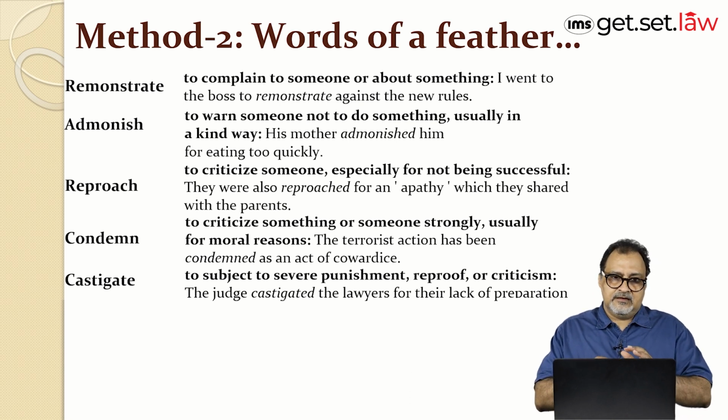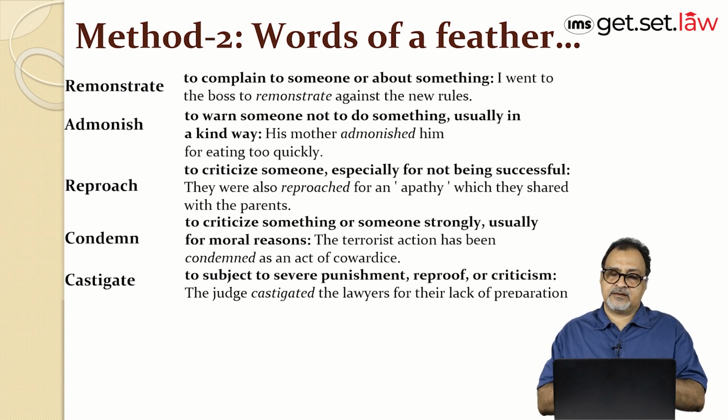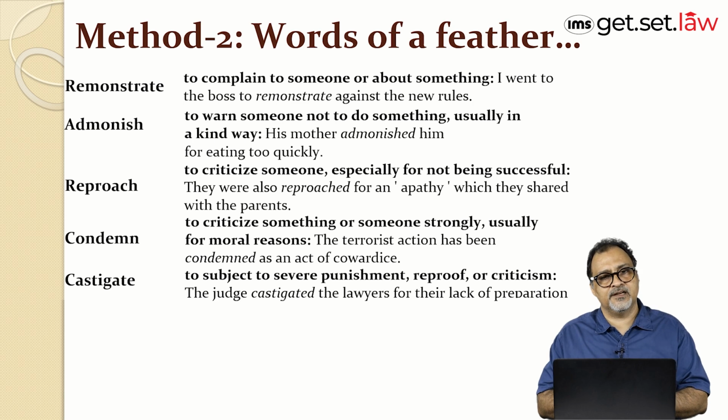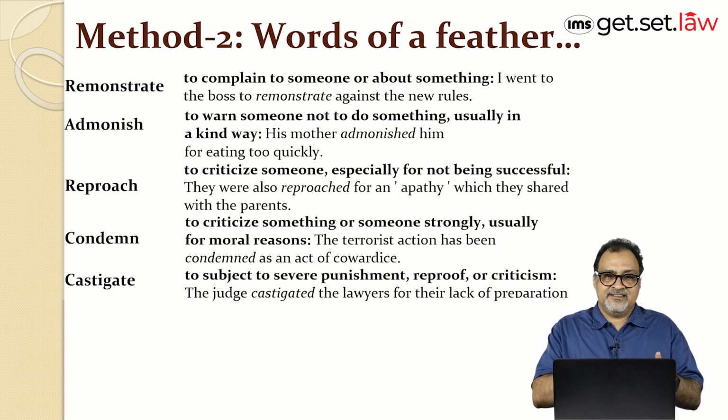Again, what I want to show you is that I have these words. So I remonstrated with my friend when he paid the bill and did not allow me to share it. I admonished my younger brother when he tried to pay the bill. Okay. I condemned my friend for not contributing any time that we went out to eat as a group.